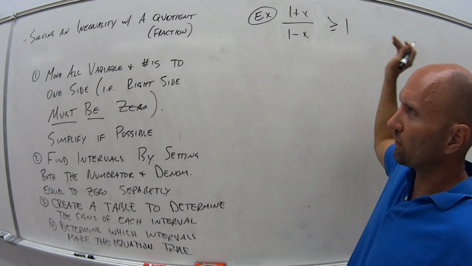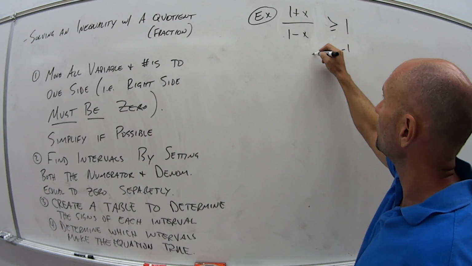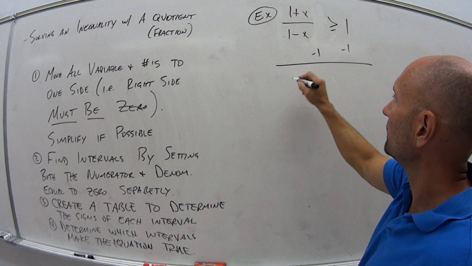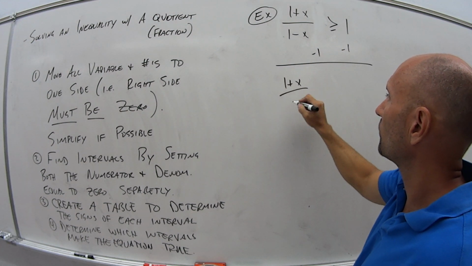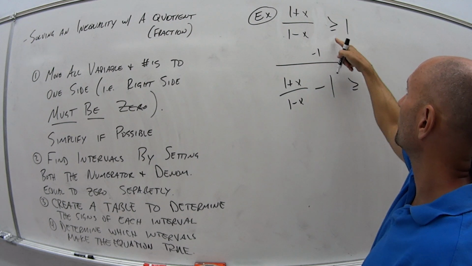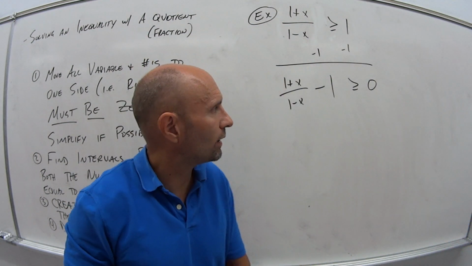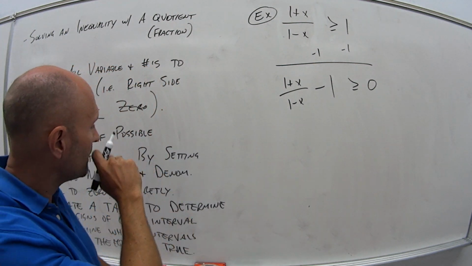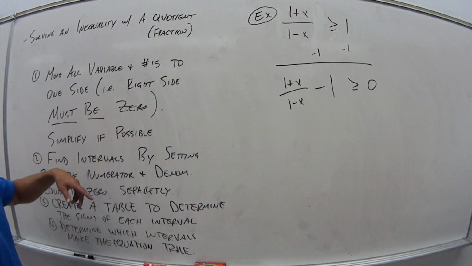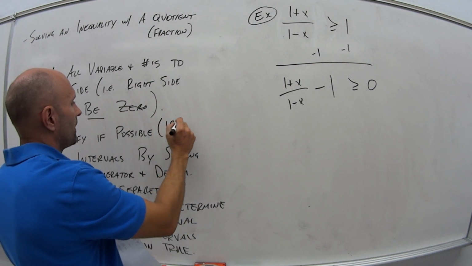So step 1 is we have to move all the variables and numbers to the left. I subtract 1 from both sides. So I get 1 plus x over 1 minus x minus 1 is greater than or equal to 1 minus 1, which is 0. I have to have 0 on that right side. Now simplify if possible, i.e., combine the fractions.